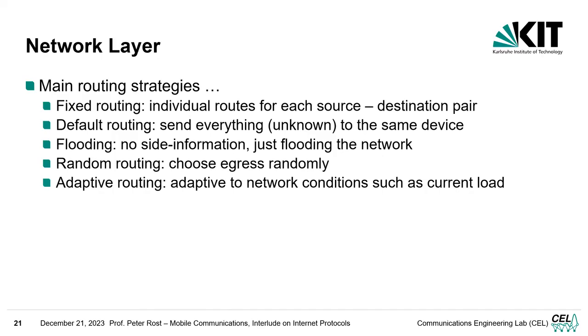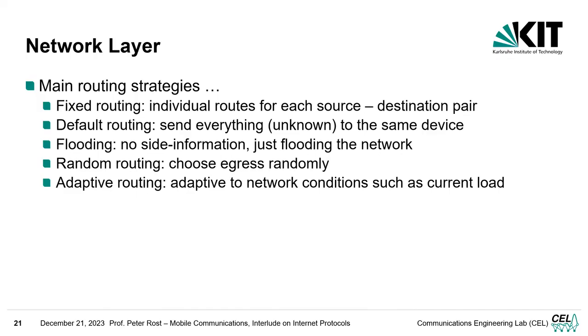That's, for instance, when you have default gateways. So you have a fixed route saying, if nothing else fits, then use this fixed route towards the default gateway. That's also default routing. Then flooding, so you just flood the whole network, which is obviously quite inefficient and non-adaptive.